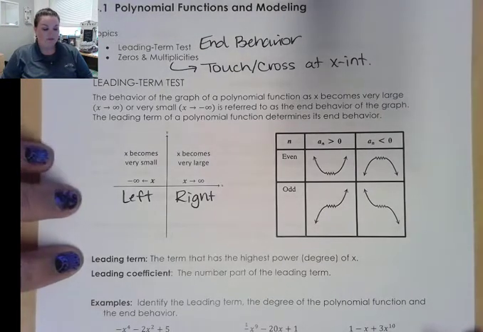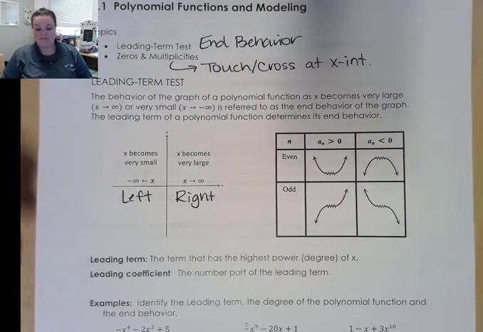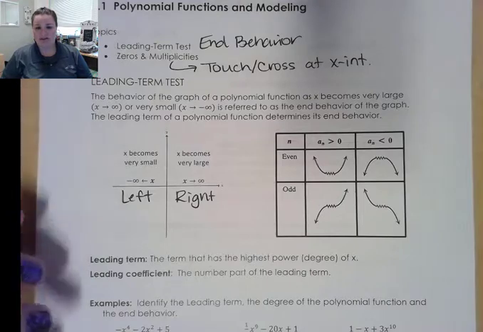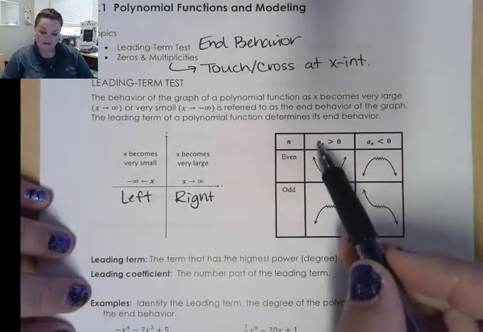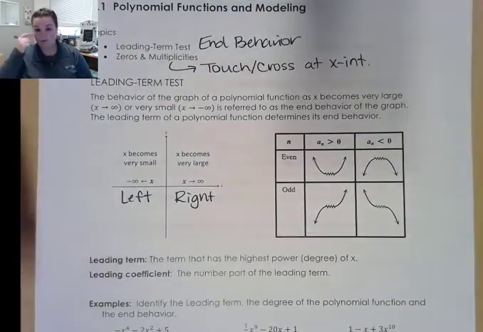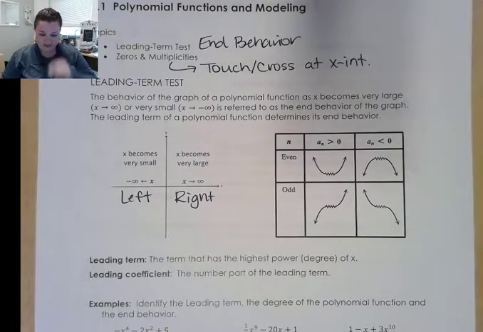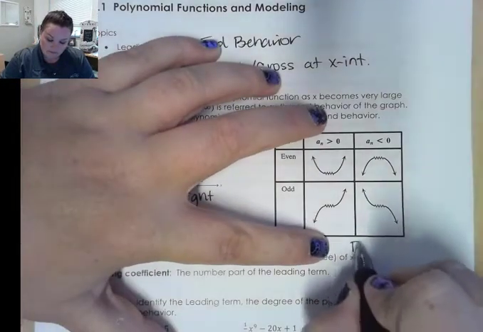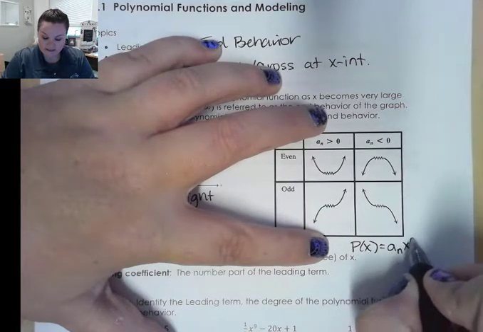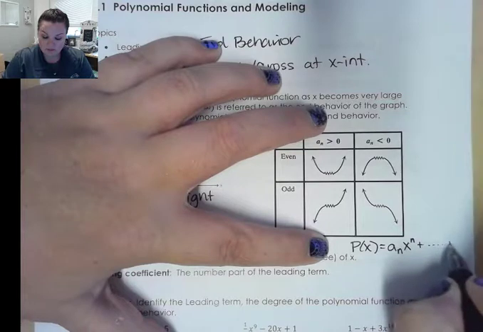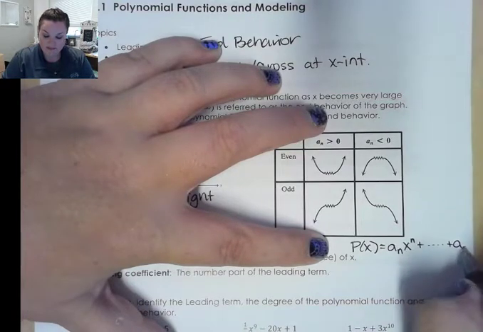All right, so let's say we have some power of x, okay? Let's say x to the n. A general form of a polynomial, if we have any polynomial p of x, we write it as a sub n x to the n plus a whole bunch of stuff, plus a sub naught.